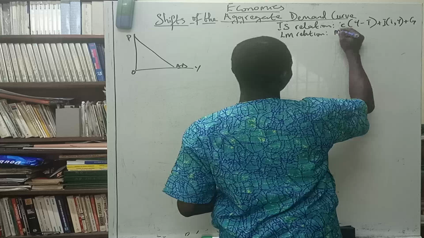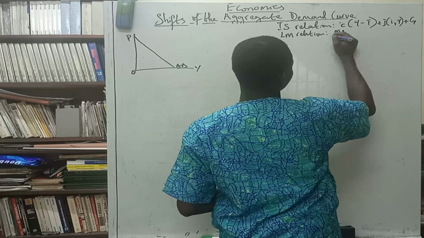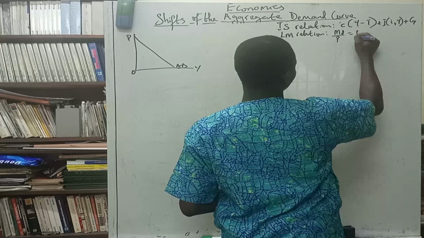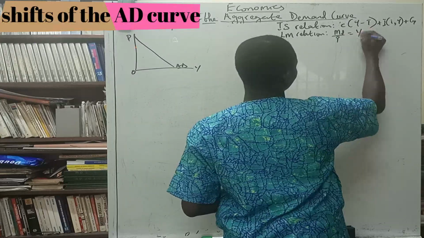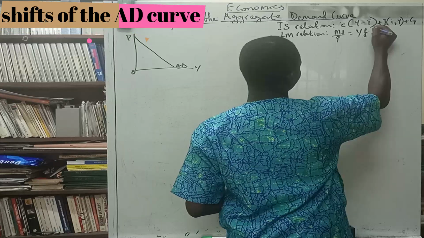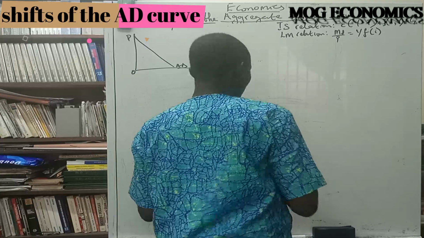In the LM relation, you have money demand. So you have real money demand is proportional to output, and a function of the interest rate, if I'm not wrong. Okay, so that's what we have.